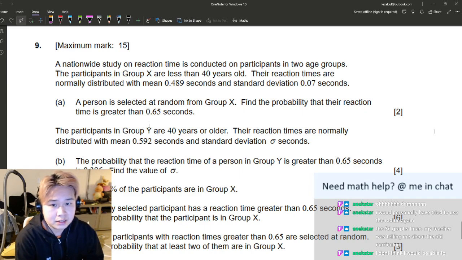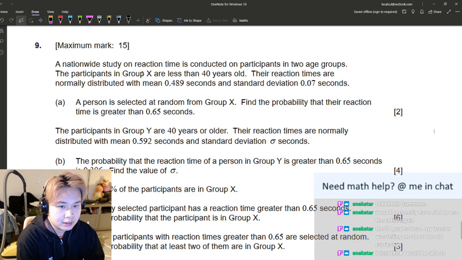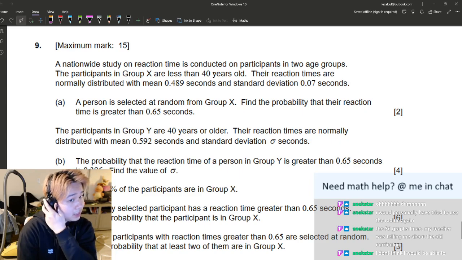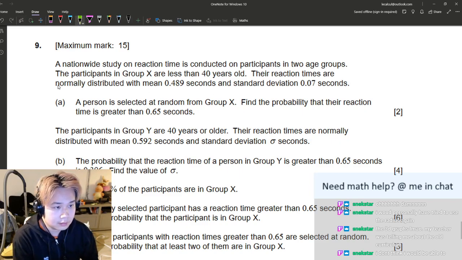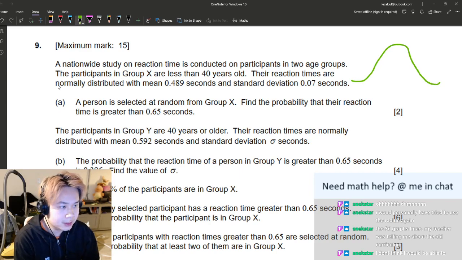Okay, what is this? Study on reaction time on 2 different age groups. Some are the ones less than 40 years old, and they have this reaction time standard distribution. So always draw your picture.